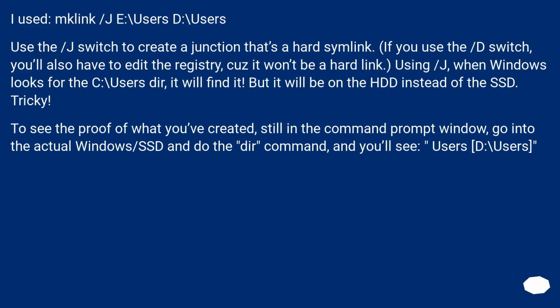I used mklink /j E:\users D:\users. Use the /j switch to create a junction that's a hard symlink. If you use the /d switch, you also have to edit the registry, because it won't be a hard link. Using /j, when Windows looks for the C:\users directory, it will find it, but it will be on the HDD instead of the SSD.